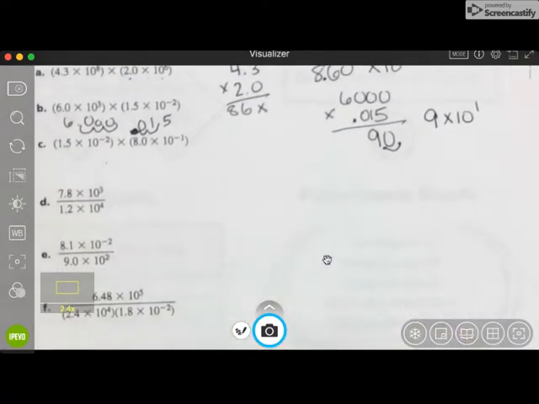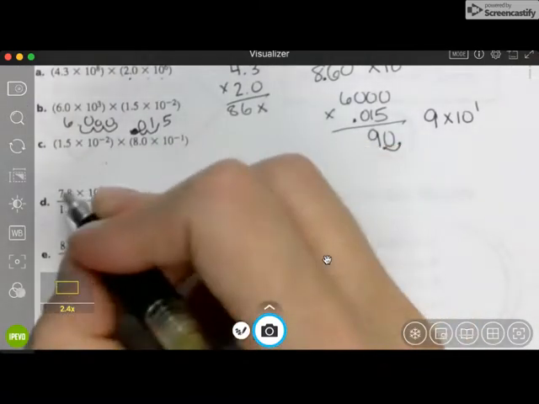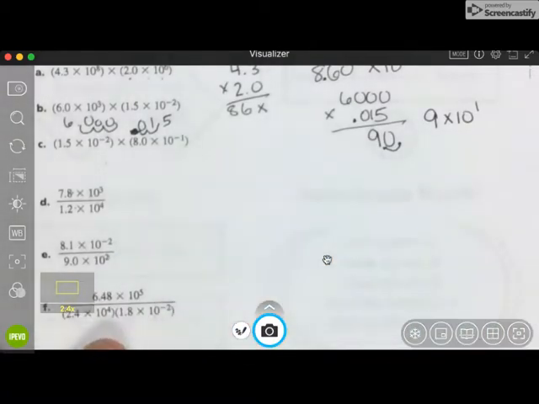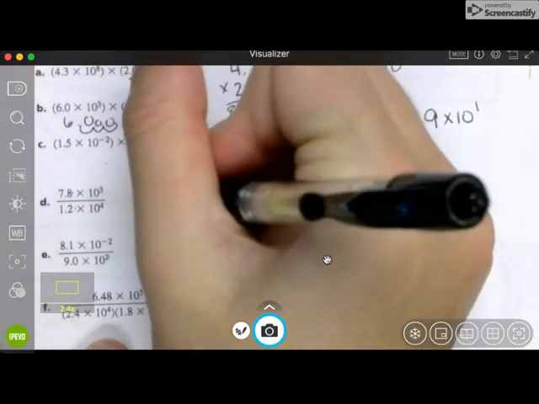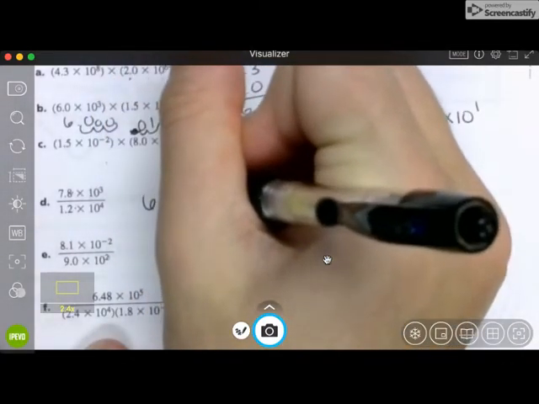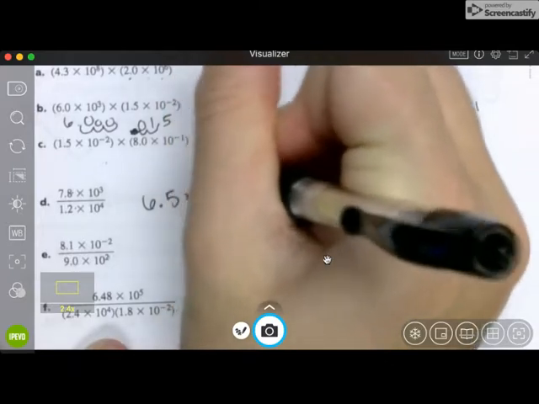So if we look at the dividing, same thing. This would be 7.8 divided by 1.2, which is 6.5. And this would be times 10 to the negative 1.